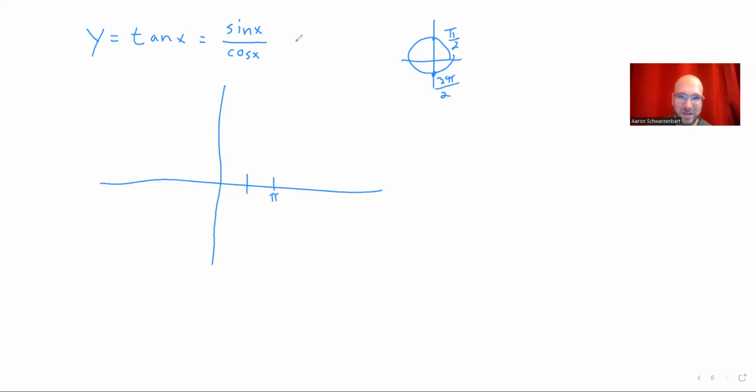We know this is 0 when sine is 0 because 0 over anything is 0. Sine is 0 at 0 and pi. So I have vertical asymptotes at pi over 2, 3 pi over 2, 5 pi over 2.